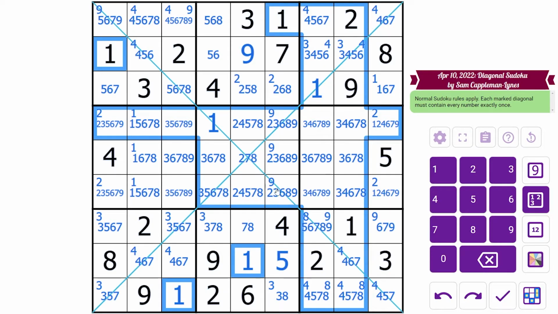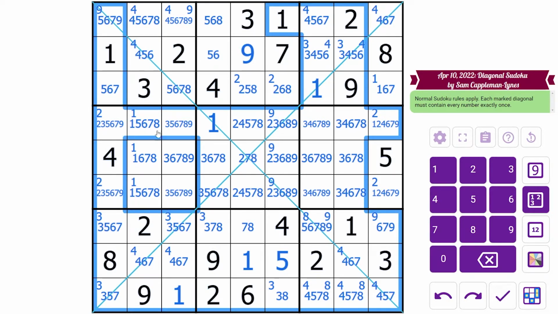But let's go ahead and finish filling out our cells so that we make sure we see everything that we can see. This can't be 1. Obviously that can't be 1 because it's a 5. And this is going to be 1, so this is 1. Yep.